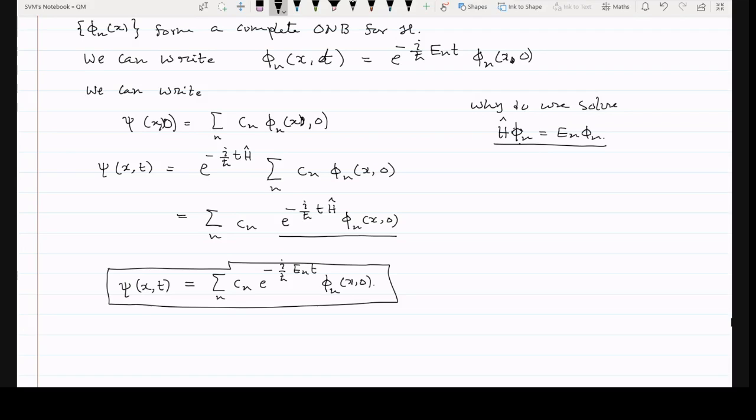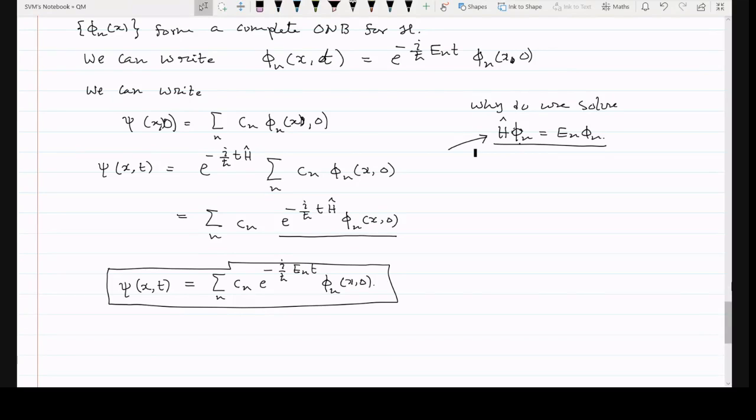That can be accomplished by expanding a given state in terms of the stationary states, looking at the time evolution of each stationary state separately, and combining them in a linear fashion. You get the time evolution of any particular state. So this is very generic, and that is the reason why we always solve this equation. We always try to get stationary states.